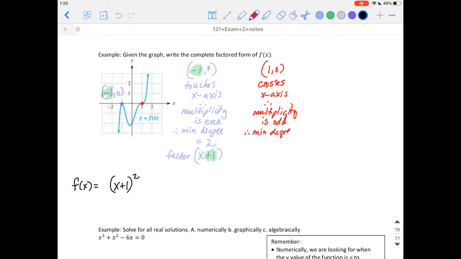Therefore, the minimum degree is equal to 3. And the factor should be equal to x minus 1. And so using everything that we've learned about this one, this is going to be times parentheses x minus 1, and the minimum degree is a 3.